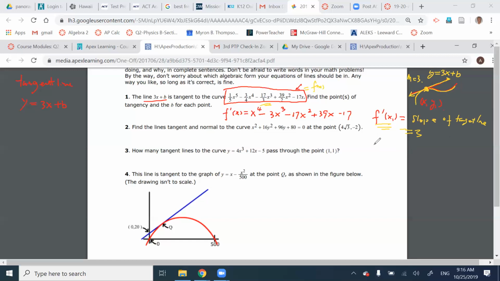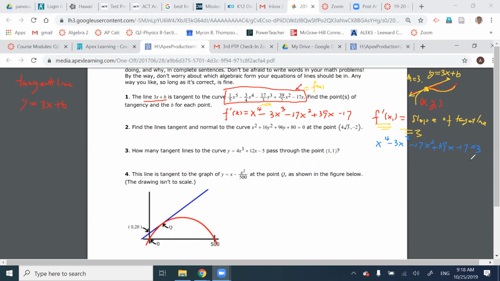So if we know this one equals 3, we can get x to the 4th minus 3x cubed minus 17x squared plus 39x minus 17 equals 3, right? We need to solve this equation now.